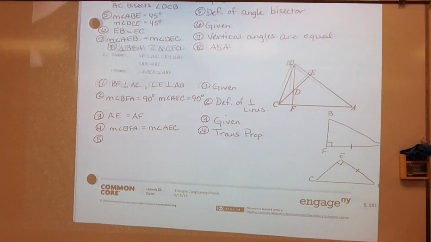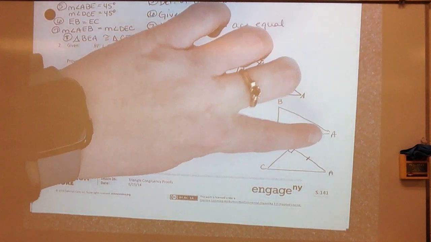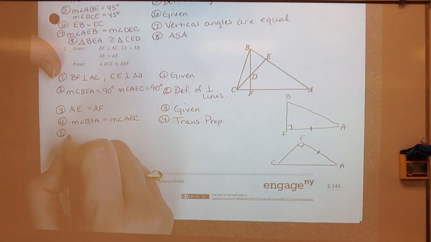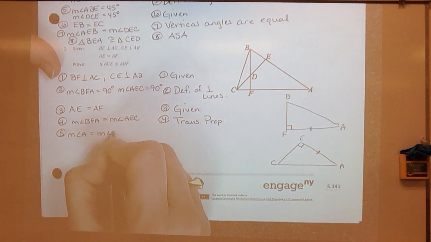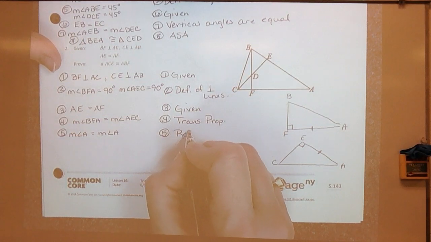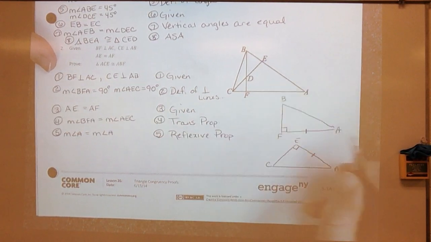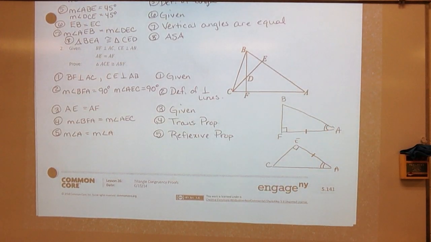They share, what? Do they share sides? They don't. Do they share angles? They both have angle A in them. So I know that the measure of angle A is equal to the measure of angle A. It's the same. That would be the reflexive property. Okay? So I've now proven that angle A is equal to the measure of angle A.